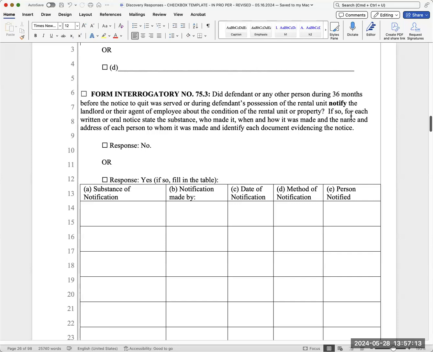So here's where you capture the problem, how the notification was made by you or someone else, the date of the notification, the method. Was it verbal? Was it in writing? The person that was notified. Sometimes there are problems on the property, since it says rental unit or property, that are in plain sight.